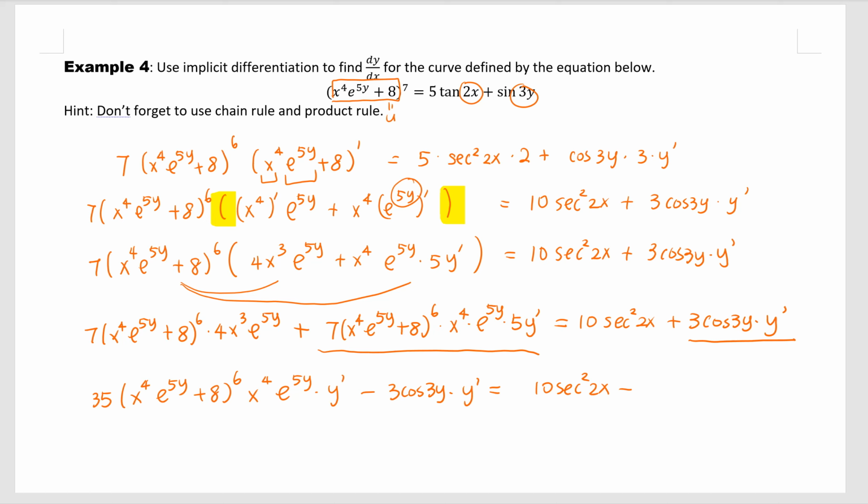So 7 and 4 together is 28 x to the 4th e to the 5y plus 8x to the 6, x cubed e to the 5y.